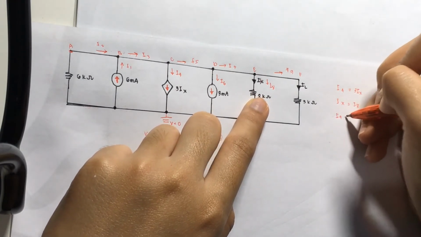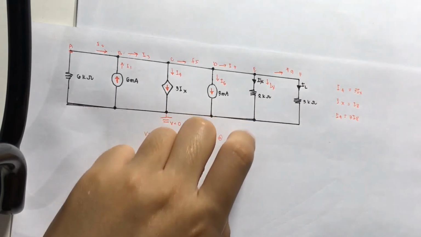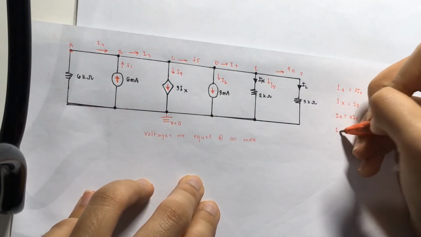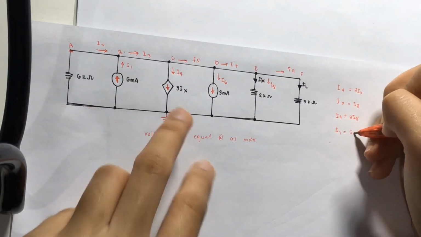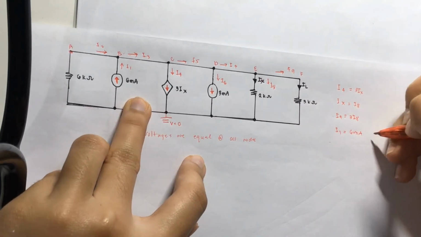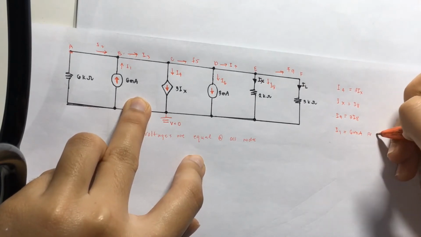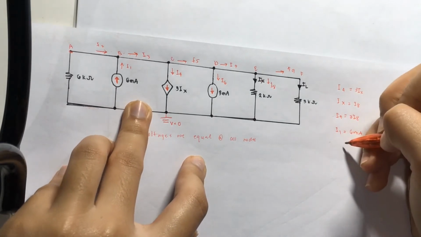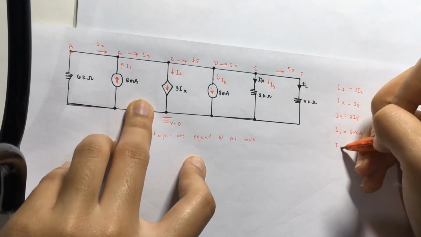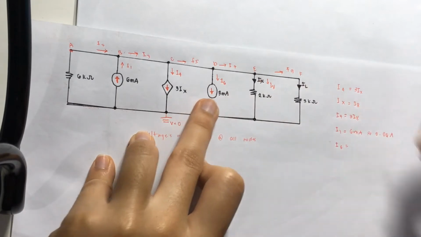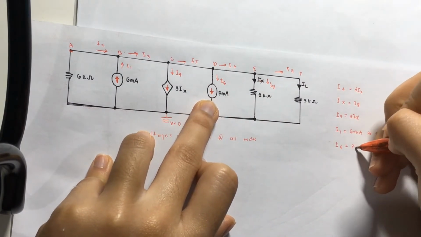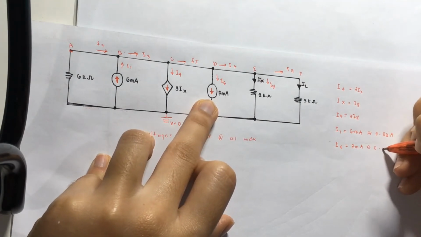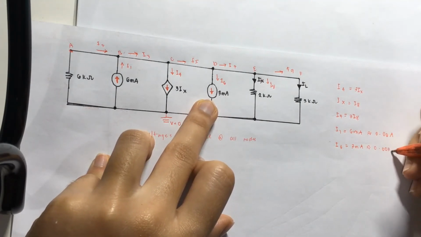So I4 is equal to 3I8, and I1 we convert: I1 is equal to 6 mA, or in amperes it is 0.006 amperes. For I6, we use the given: I6 is 3 milliamperes or 0.003 amperes.